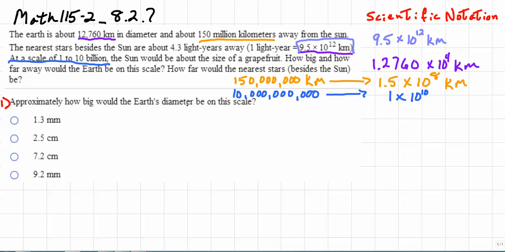Now, the first question asks approximately how big would the Earth's diameter be on this scale. One of the things we'll notice is that since this is a multiple choice problem, the units given in our answers are either millimeters or centimeters. So we're going to use a conversion factor. One of the conversion factors is that 1 kilometer is equal to 100,000 centimeters.